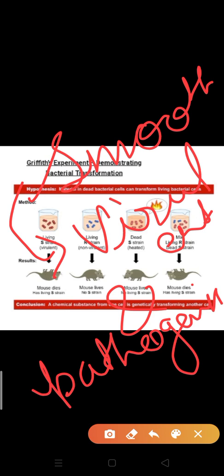The rough type is non-virulent and non-pathogenic. One more point to keep in mind: Griffith used the S3 strain, S meaning smooth, and the R2 strain of rough Streptococcus pneumoniae.